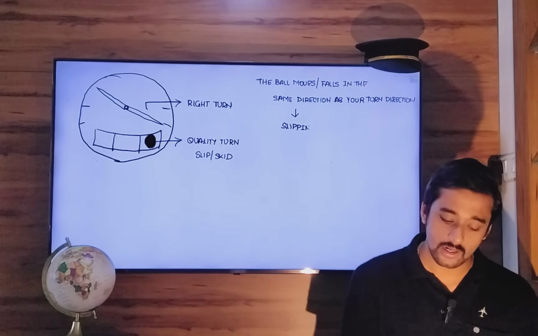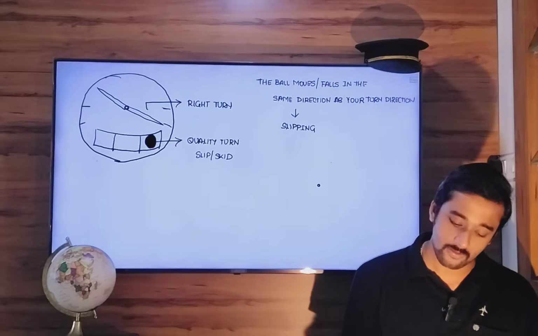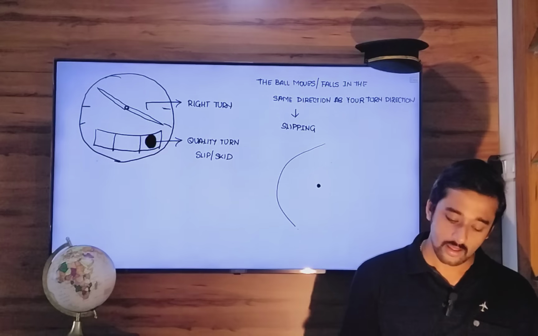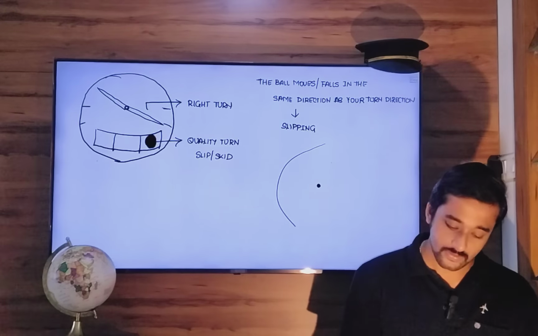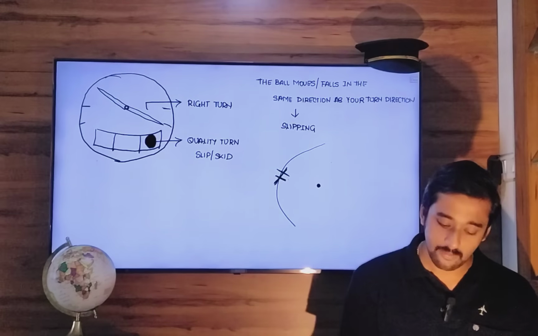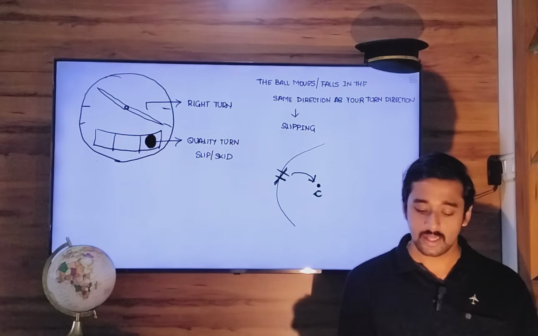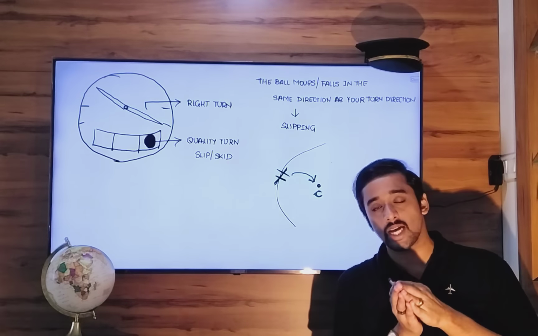That condition is called slipping. That means aircraft, let's say this is the center of your turn. That means aircraft is slipping to the inside of the turn. This is the center. In case of slipping, aircraft is falling inside of the turn.